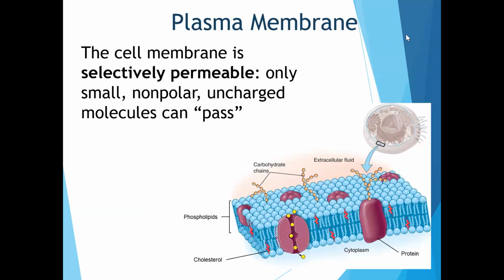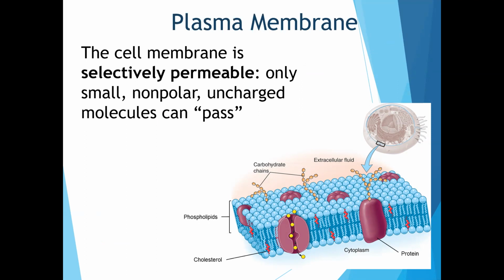All right, so the plasma membrane, starting on the outside. It's very important because it lets in what needs to get in and it keeps out what should not get into the cell. So it's considered selectively permeable, meaning that it only lets in certain materials. Small, non-polar, or uncharged molecules, it can pass through.